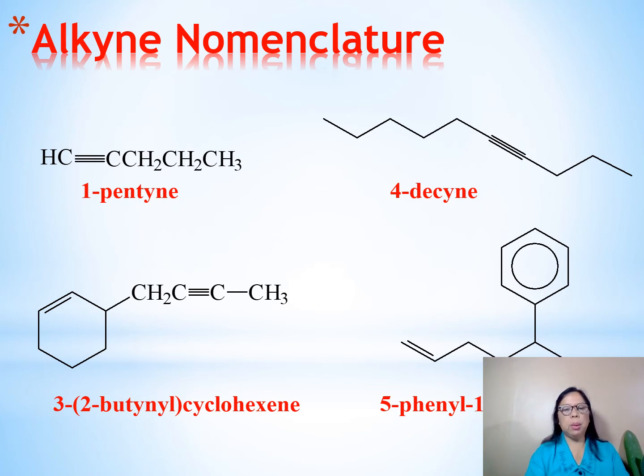But since there is a double bond, you locate where is that carbon containing the double bond. So it is 1. Then you have also here the alkyl group. It contains 1, 2, 3, 4, and the triple bond is found in the second carbon. So it is 4-butynyl.